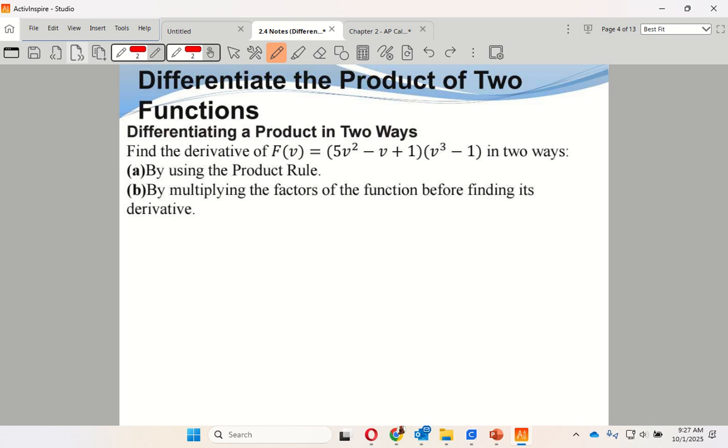Before you start it, list your F, list your G, list your F prime, list your G prime, and I want you to try and do the same thing that we just did last problem. F prime times G plus G prime times F.